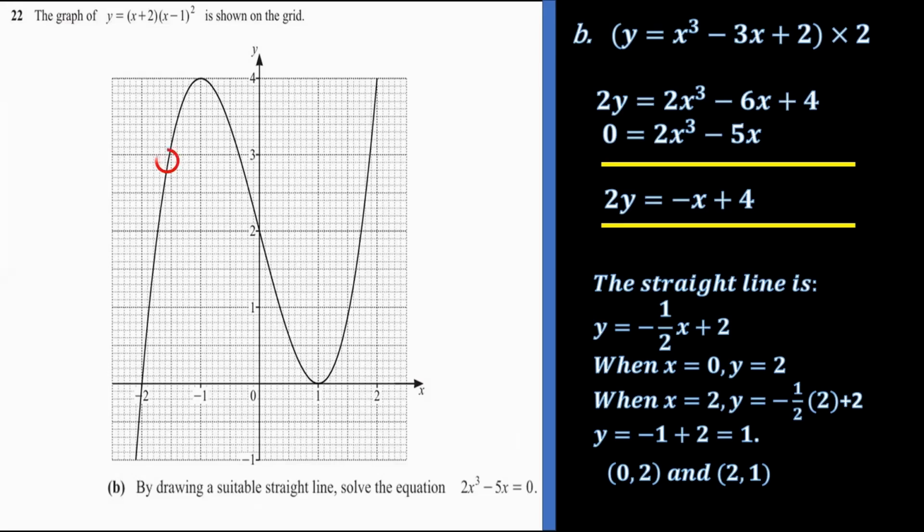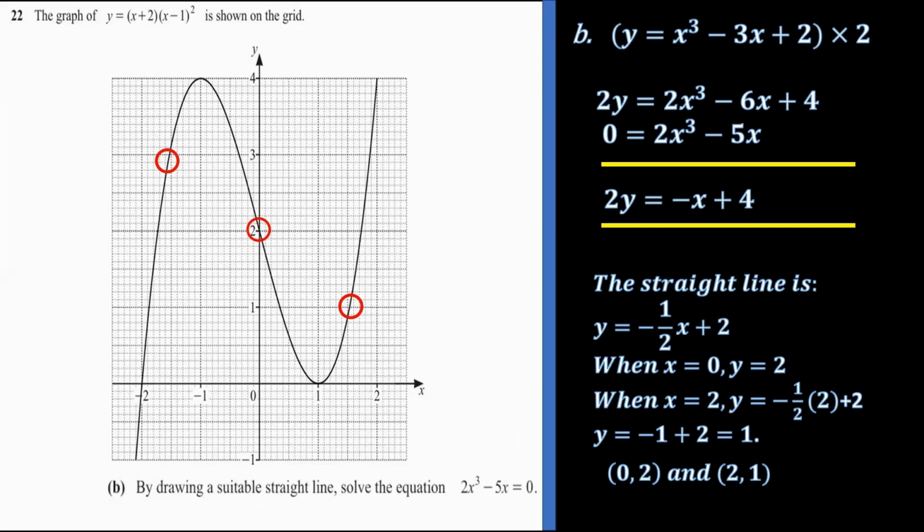So we have, of course, where s is 0, y is 2. And I have where s is 2, y is 1, okay? You may be wondering, how did I get the third point?